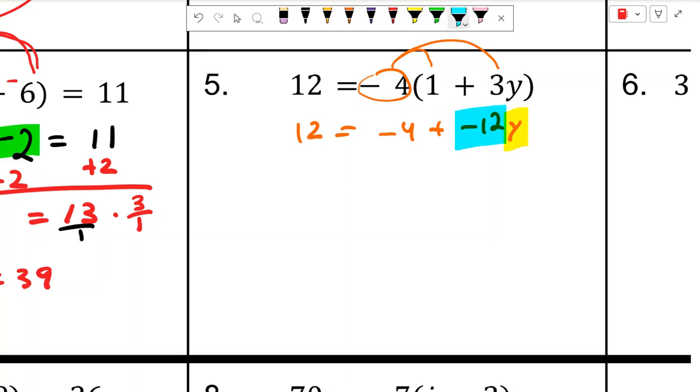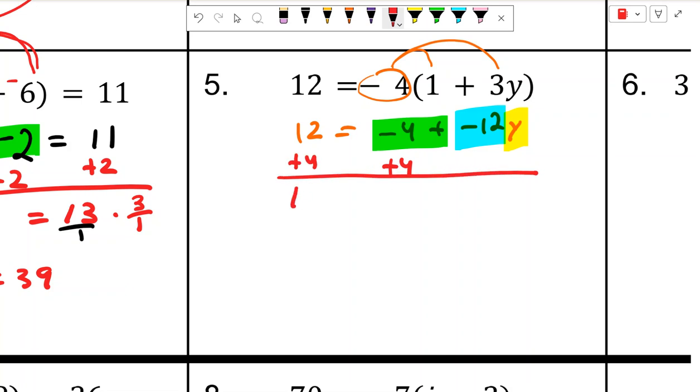We see there's a coefficient and we see there's a constant. We deal with constants first. To remove the negative 4, we add a positive 4 to both sides. To remove the negative 12, we divide by negative 12 on both sides.